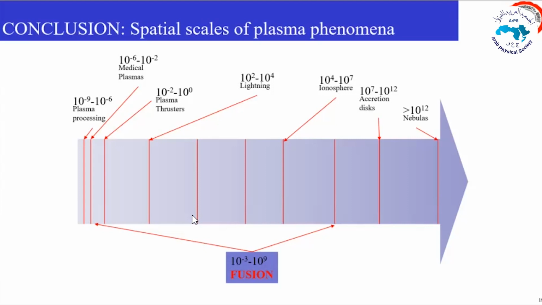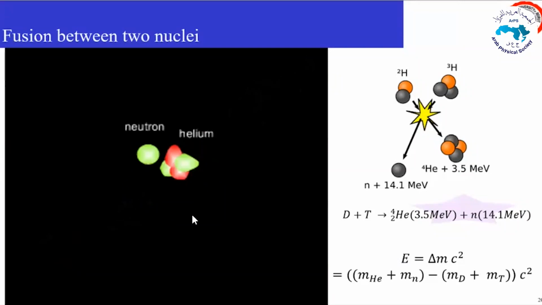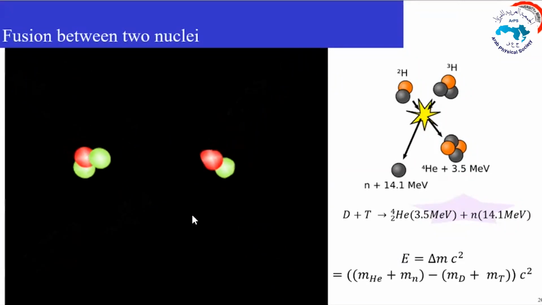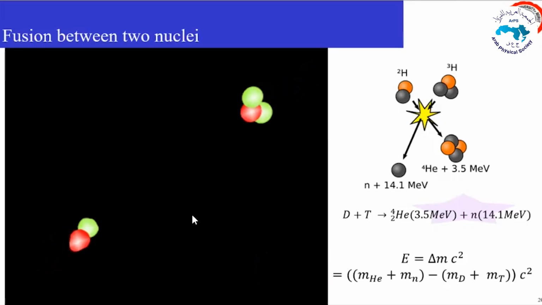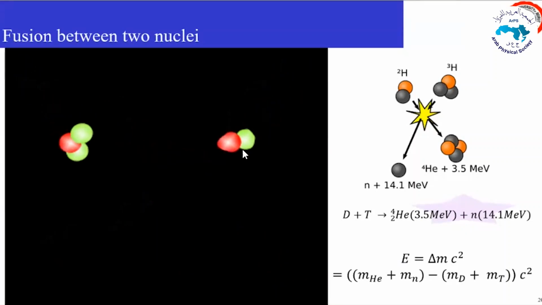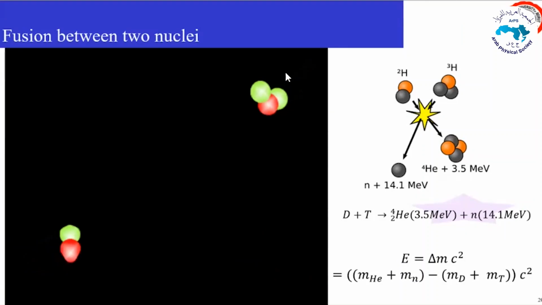So what is fusion? Fusion is basically when two nuclei interact with each other and generate different nuclei. In this particular example, which is of our interest, we have deuterium, which is an isotope of hydrogen, and tritium, which is another isotope of hydrogen, colliding with each other.